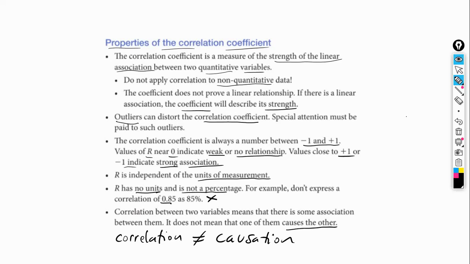Now, we might have a correlation that implies a certain association between consumption of ice cream and shark attacks. So the more ice cream is consumed, the more shark attacks there are. Now, this could be a correlation, but not a causation. It doesn't mean that if people eat ice cream, they will be attacked by sharks. What it means is that there's more people on the beach in summer, and there's more consumption of ice cream, and more people are exposed as well to shark attacks.